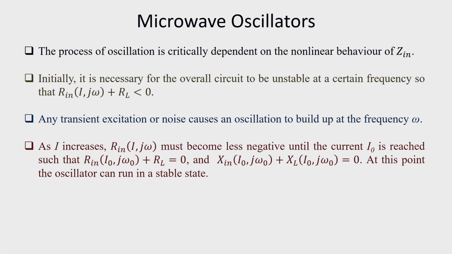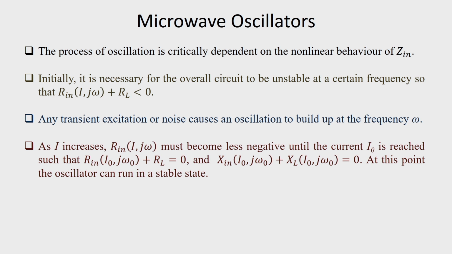As I increases, Rin(I, j omega) must become less negative until the current I naught is reached such that Rin as a function of I naught and omega naught plus RL is equal to 0, and similarly Xin as a function of I naught and omega naught plus XL is equal to 0.